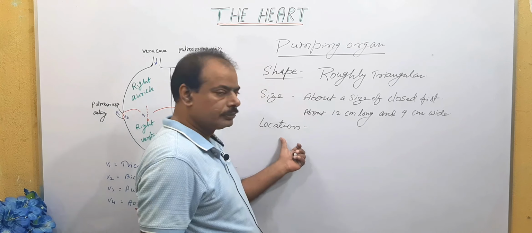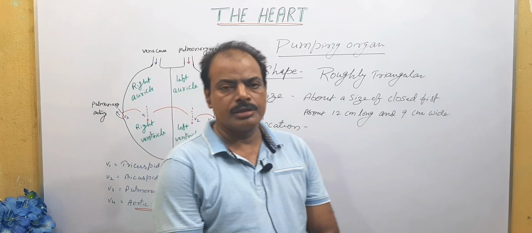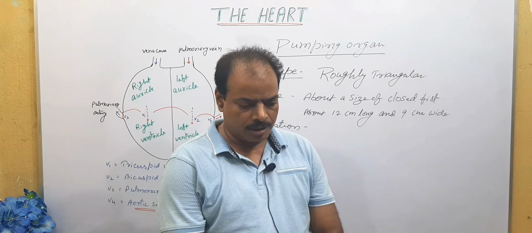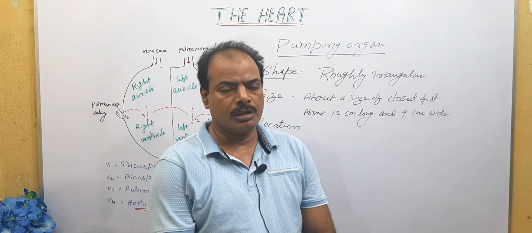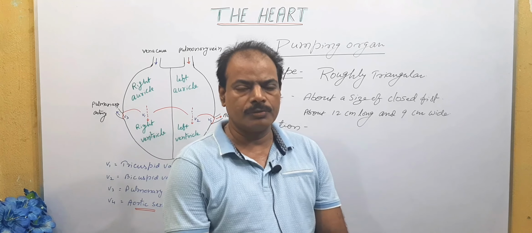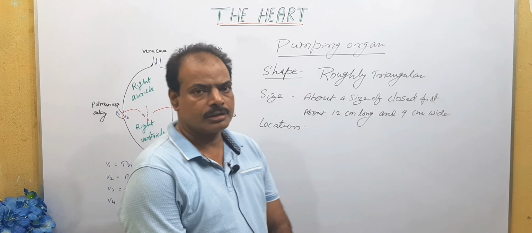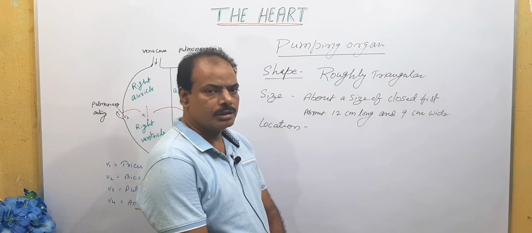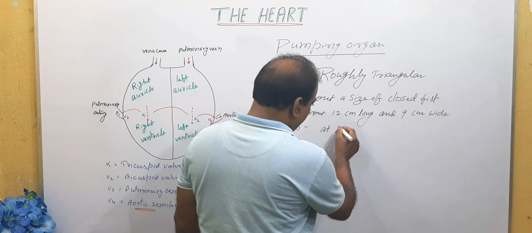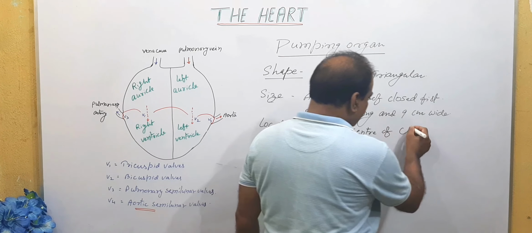There are two reasons. First, our heart is pointed towards the left side of the chest cavity, and second, the left ventricle pumps blood forcibly with a powerful muscular contraction. That's why it is felt that the heart is located on the left side, though it is located at the center of the chest cavity.